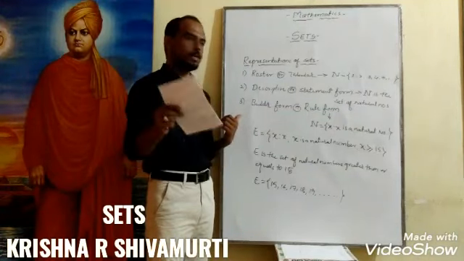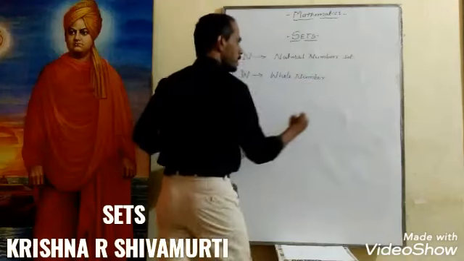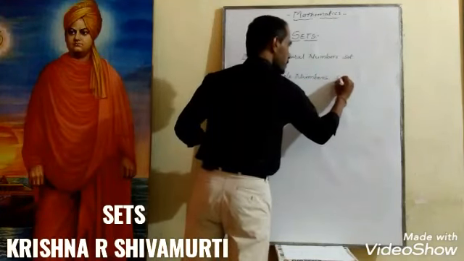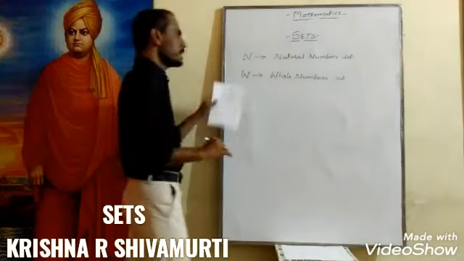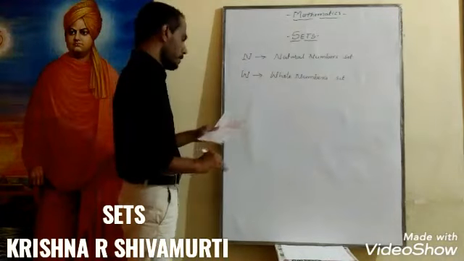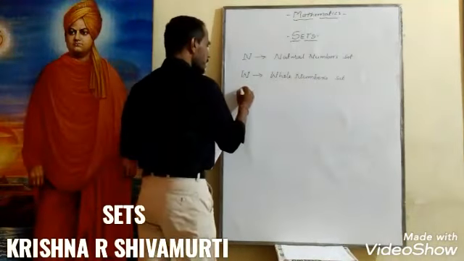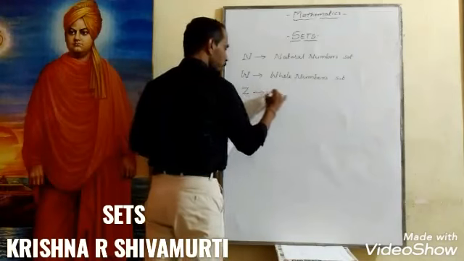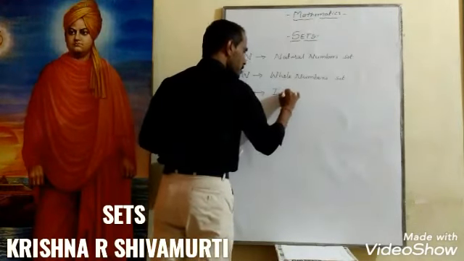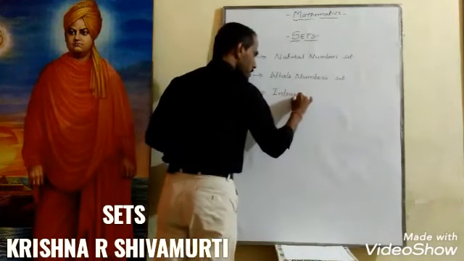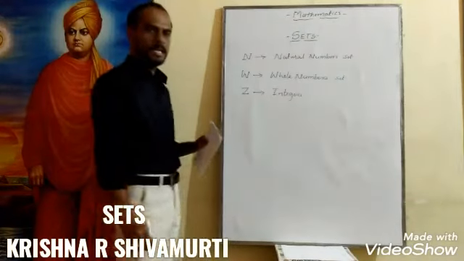If W is used, what is that? Definitely the whole numbers set. If Z is used, what is that? Integers, the set of integers.